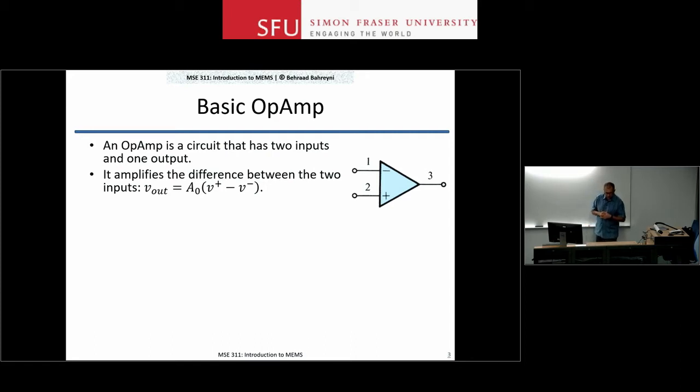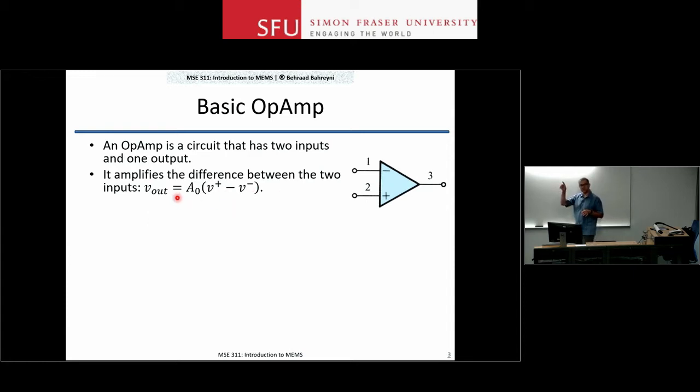So what is an op-amp? An op-amp, or operational amplifier, is a circuit with 2 inputs and 1 output. So in theory, ideally, the op-amp has just 3 terminals, where V out is some constant gain times the difference between the 2 inputs, right? So this is the expression for the output voltage of an op-amp.